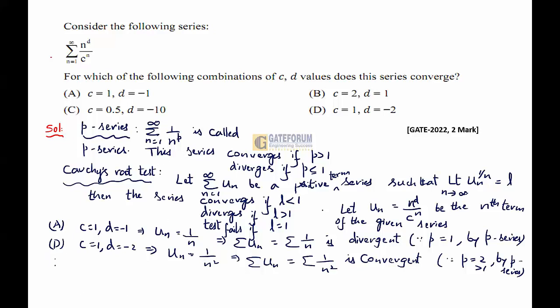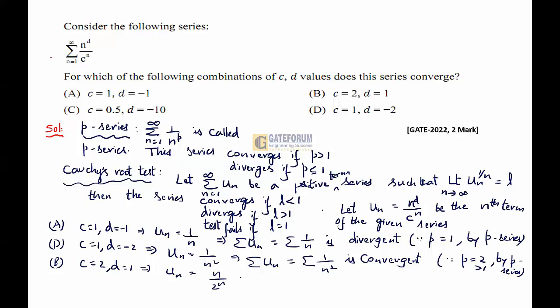Okay. B. C is equal to 2, D is equal to 1 implies un is equal to n by 2 power n. Whenever an nth term has power n, in all of the terms or some of the terms, then the nth root test is the preferable test to check the convergence or divergence, or sometimes the ratio test also is most useful for saying whether some of the problems converge or diverge.